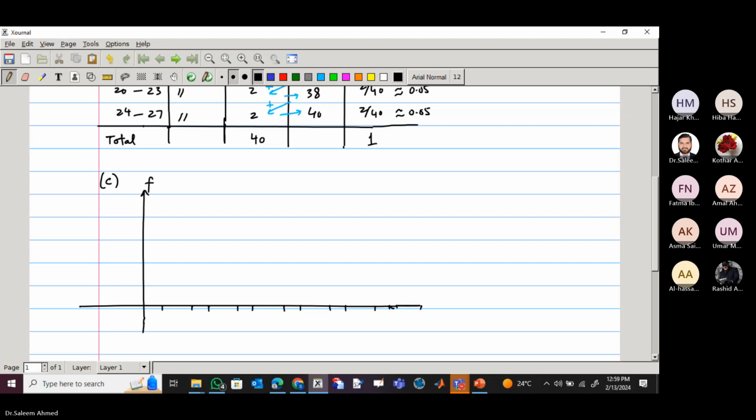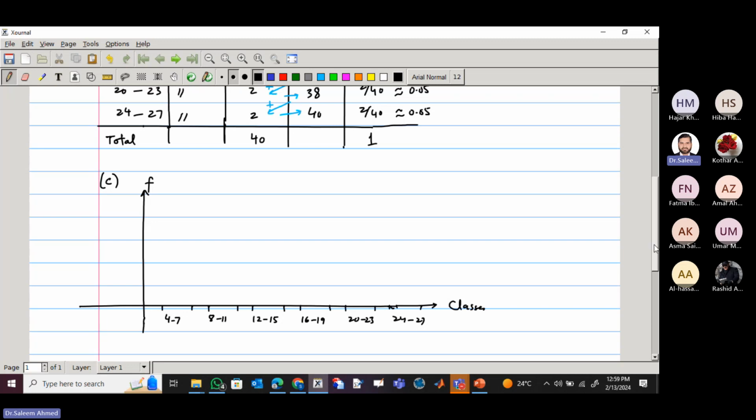Okay, so these are your classes. So I took same distance for classes, but a little smaller gap in between. So this class is 4 to 7, 8 to 11, 12 to 15, 16 to 19, 20 to 23, and 24 to 27.